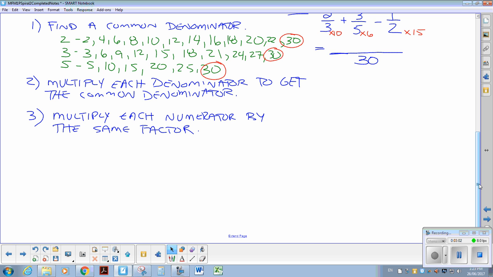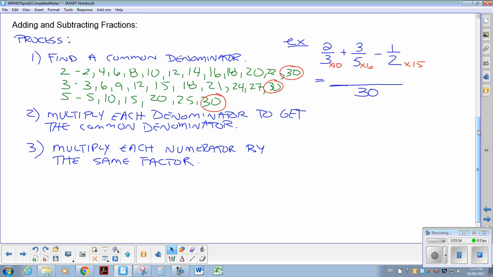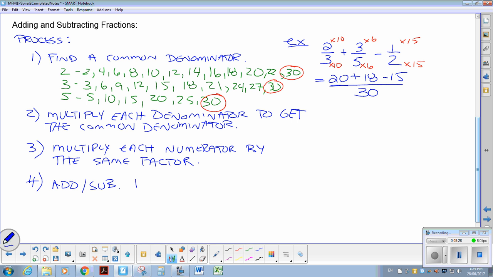All right, so going back to our example here, that means I'm going to have to multiply the top by 10, this one by 6, that one by 15. So let's go ahead and do that. So we're going to end up with 20 plus 18 minus 15. And the final step then is add, subtract the numerator.